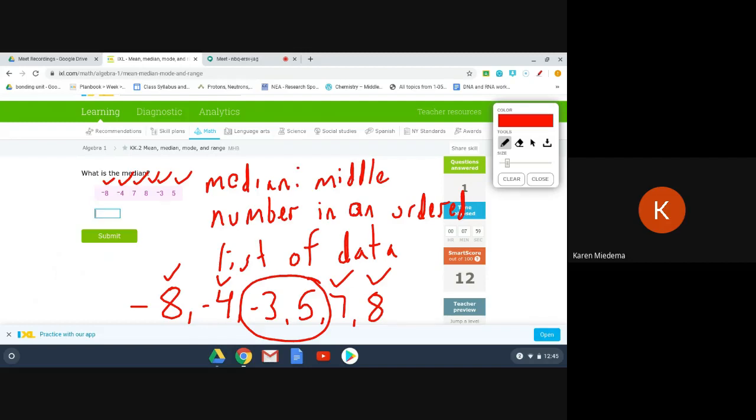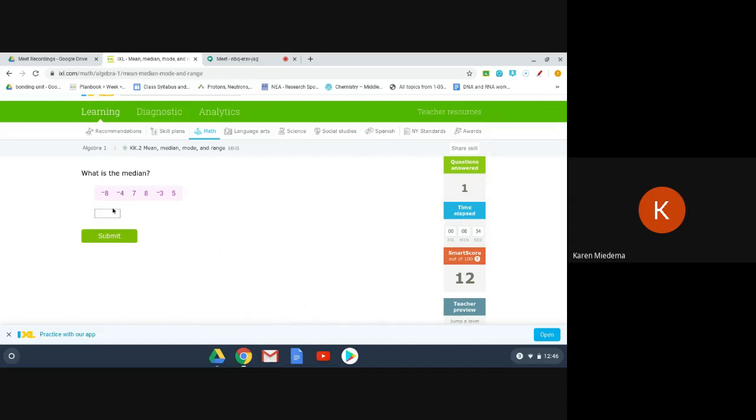To take the average of two numbers, you add up those two numbers and you divide by 2. -3 plus +5, well, that gives me a +2, divided by 2. And then 2 divided by 2 is 1. So the median of this data set is actually 1, which wasn't even one of the original data items. So what is the median? 1.